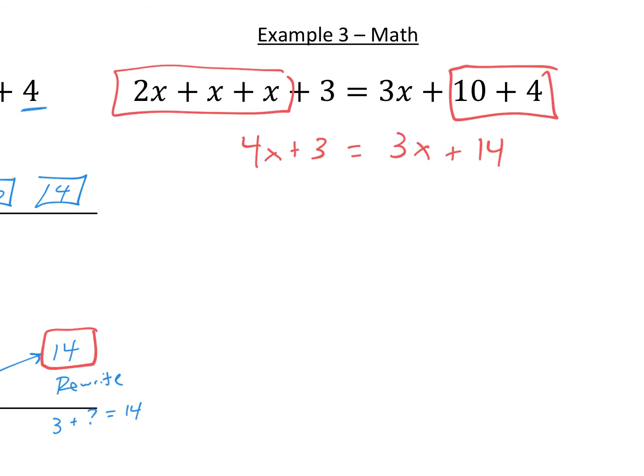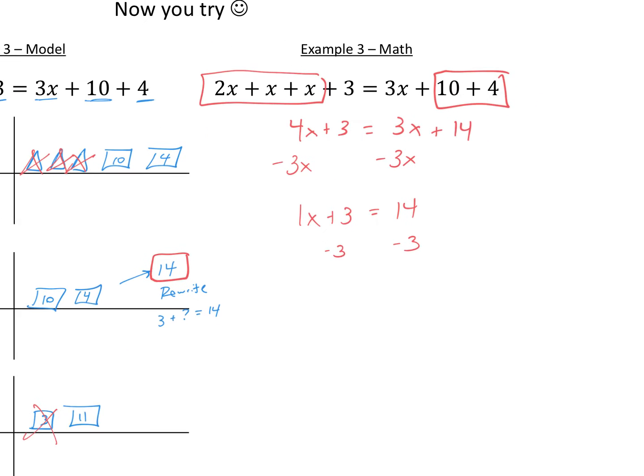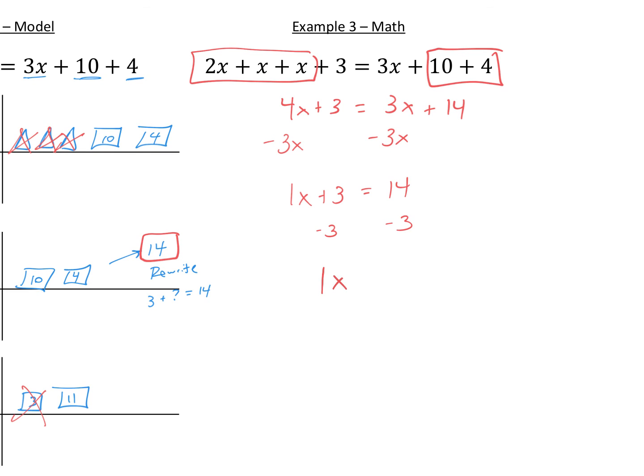It just makes it a little bit easier to look at the problem. From here, I know I need to subtract 3 x's from both sides. So I'm left with 1x plus 3 is equal to 14. From here, I subtract 3 from both sides. So I'm left with 1x equals 11.